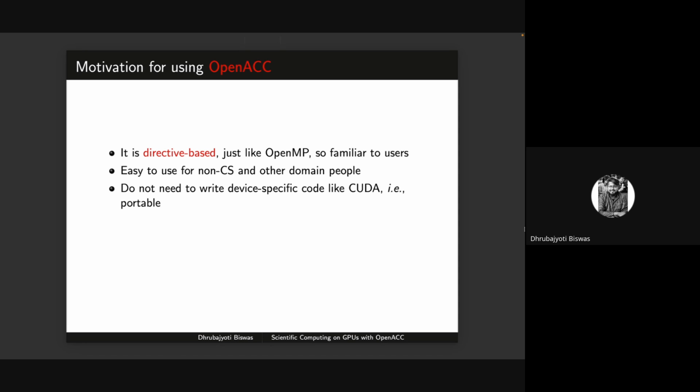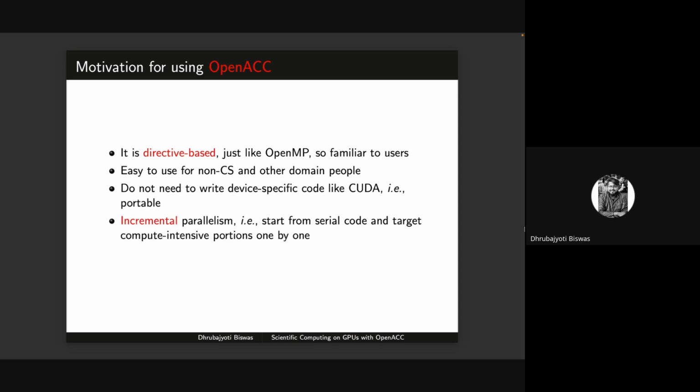If you write CUDA, you will be stuck with machines which only have NVIDIA GPUs. But OpenACC is open, it can be run on CPUs and all different kinds of GPUs like NVIDIA and AMD as well.